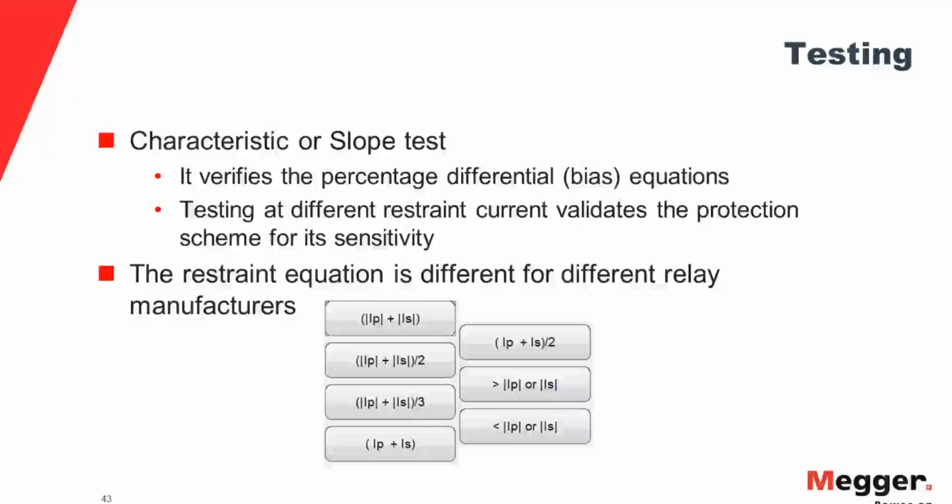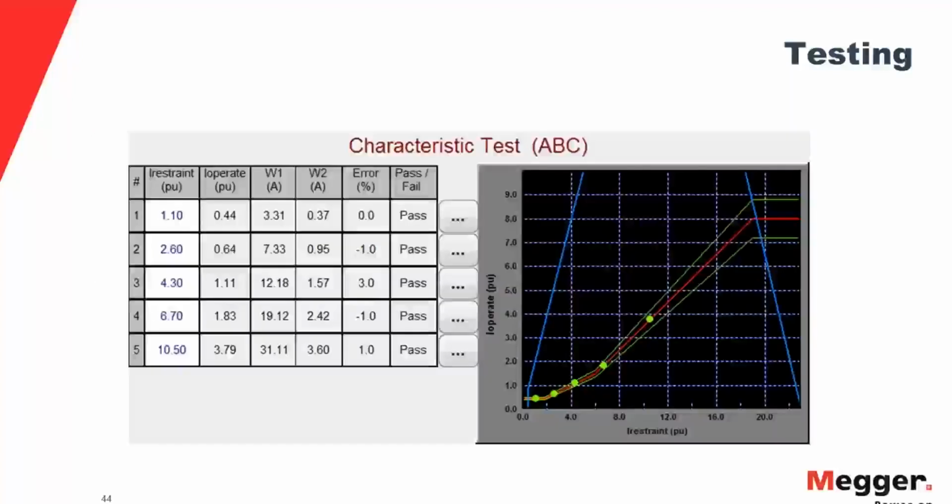When you do the pickup test, you would do it on winding 1 and also on winding 2. The pickup value should fall within the tolerance as specified by the relay manufacturers. What I have seen so far is that the tolerance value will be somewhere around 3 to 5%, even for electromechanical or microprocessor relays.